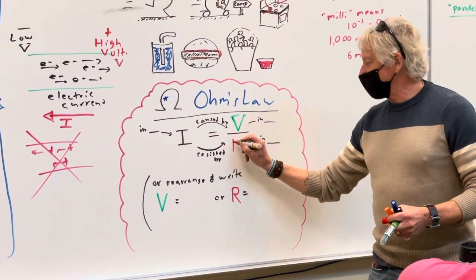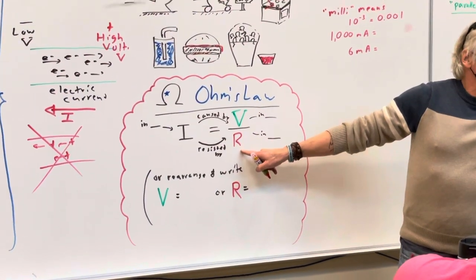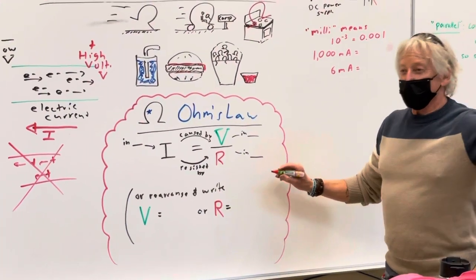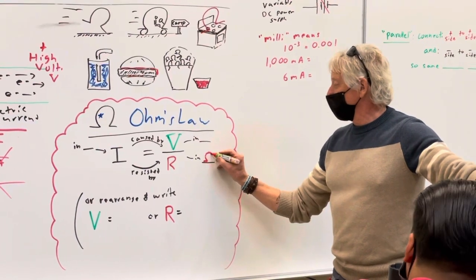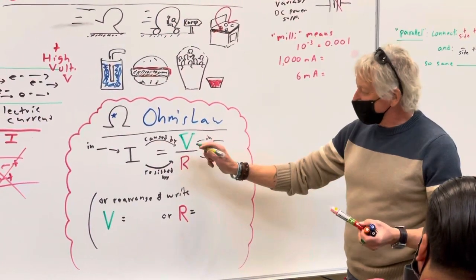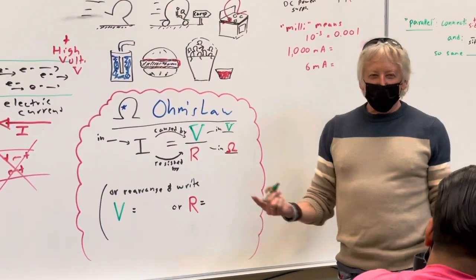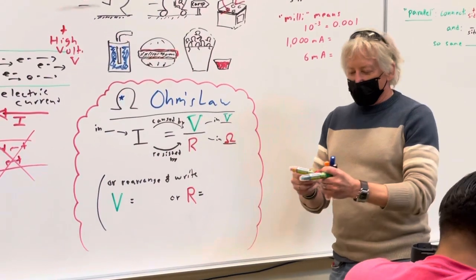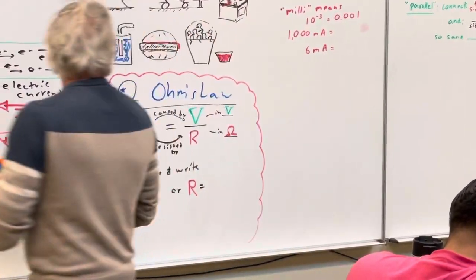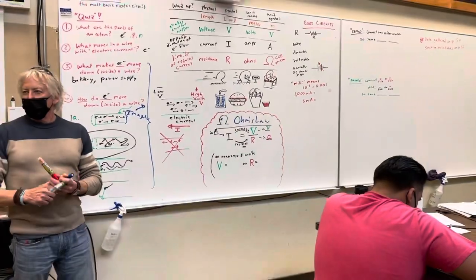Ohms, or resistance. What's the unit of resistance? Ohms. You can't forget that now. What's the unit of voltage? Volts. That's weird. What's the unit of current? Amps. Right? That's your law.